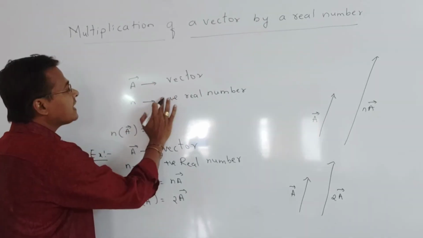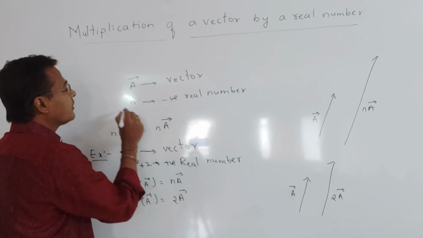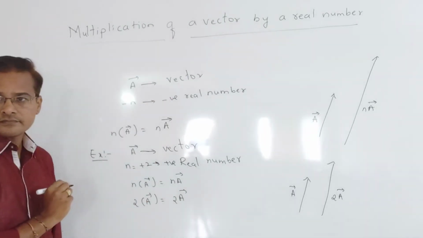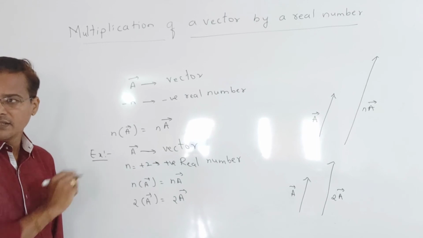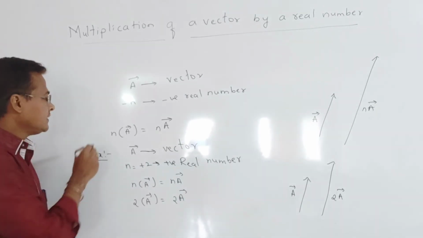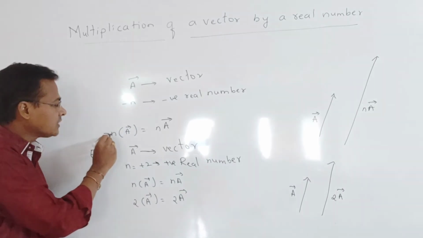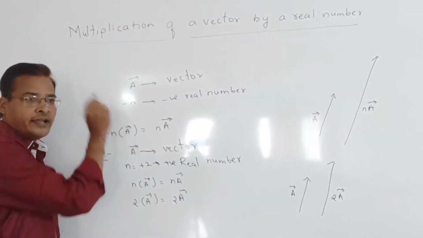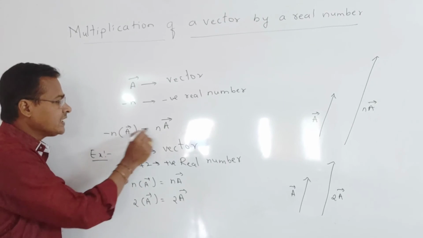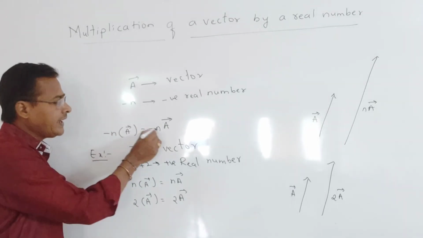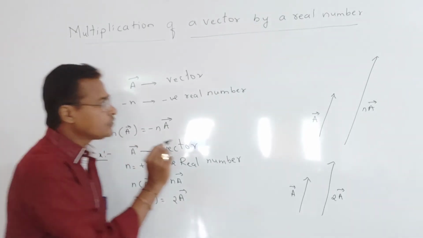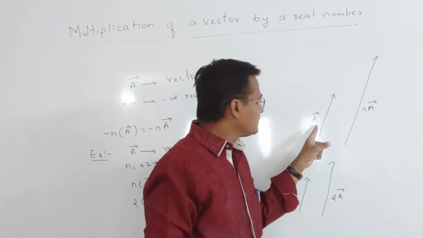We consider n as a negative number, that is minus n. So multiply by minus n. We are multiplying a negative number n to the A vector. So plus into minus, minus n into A, minus n A vector.